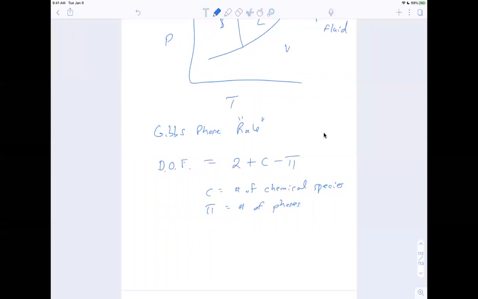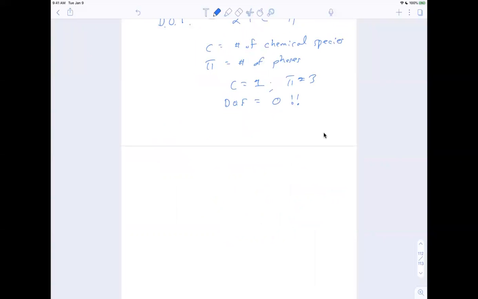And so we see at a triple point, for instance, in the case of a fluid, C is equal to 1 because it's pure, and pi is equal to 3 because we have 3 phases. And so the degrees of freedom should be 2 plus 1 minus 3, which is 0. And that makes sense because we don't really have any degrees of freedom to specify the triple point, because that's a point and it's determined by the fluid. Okay, so that's something that is what it is.